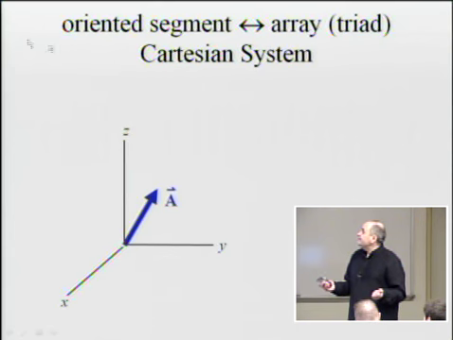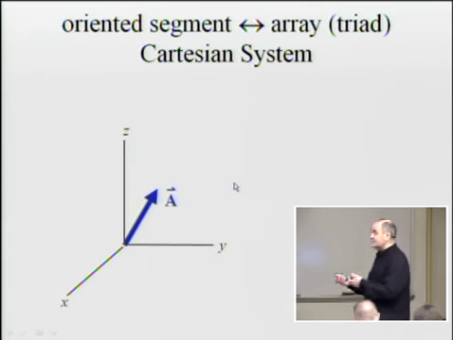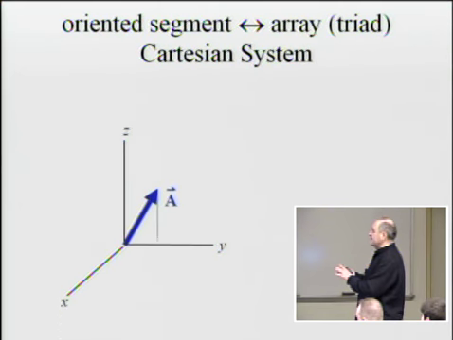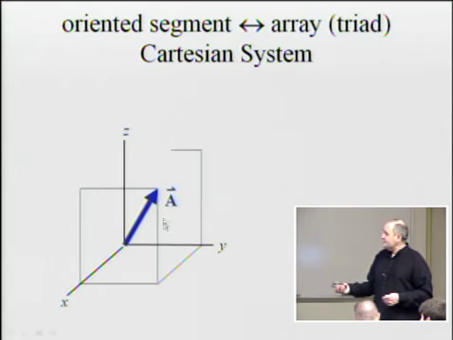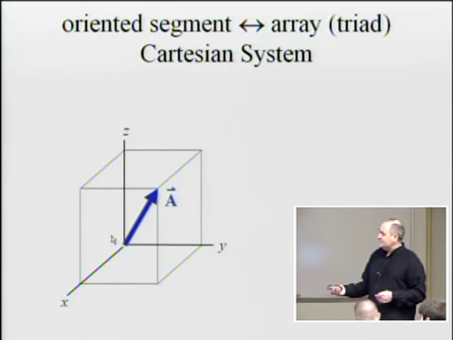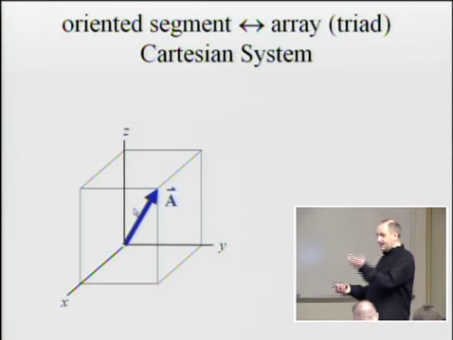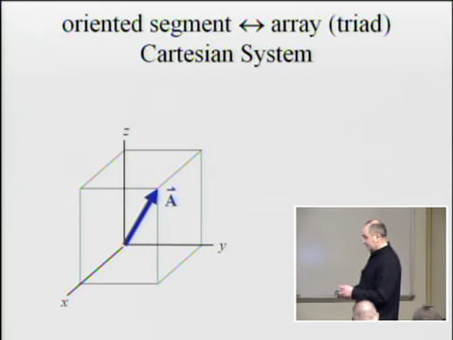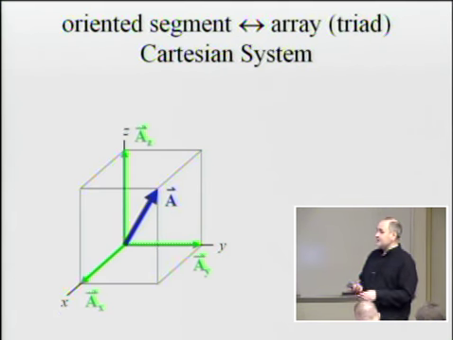To each of those arrows, I will assign an array of scalar components and represent vector A as a triad of scalar components. If I have an arrow and these axes, I can use the x, y, and z directions to form such a block that the arrow is the diagonal of that block. Well, if it is a diagonal of the block, I can recognize that actually it is a sum of those three vectors.